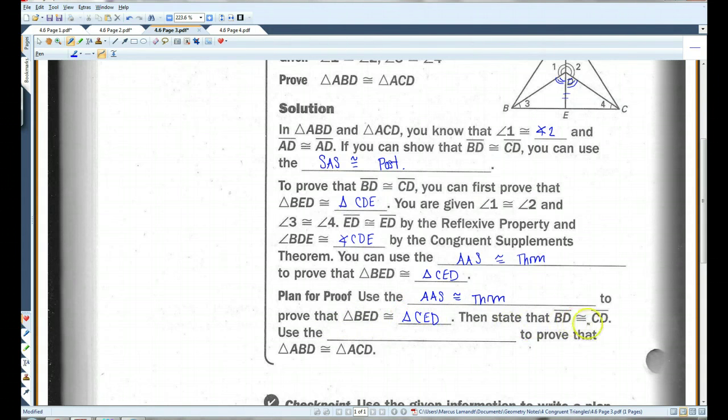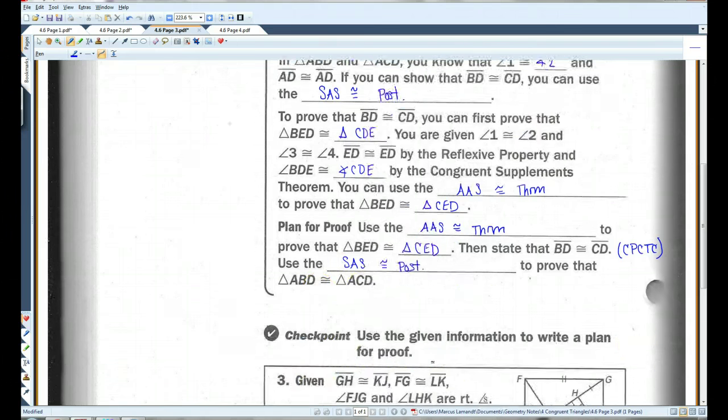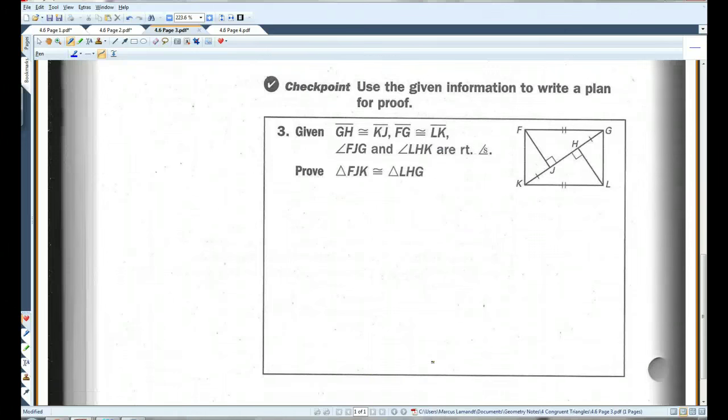Then state that BD is congruent to CD, okay, by CPCTC. Use the SAS Congruence Postulate to prove that these two triangles are congruent. And we're good. Alright, I'll let you guys do this checkpoint. Let's go on to page 4.